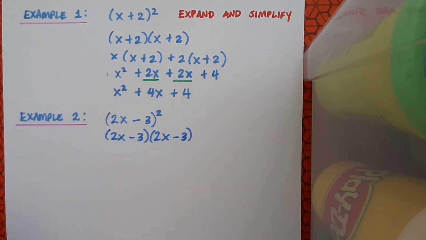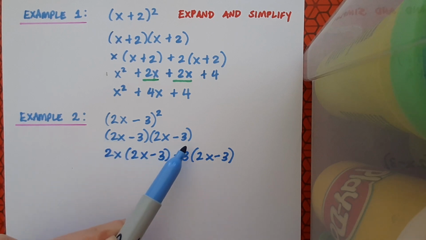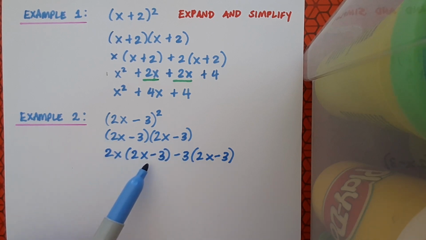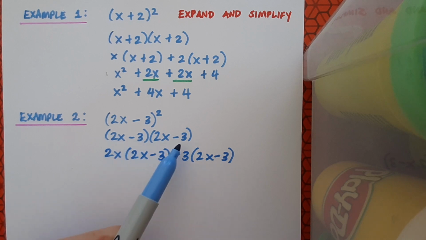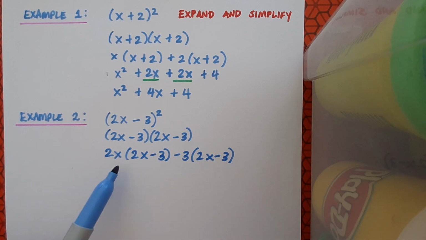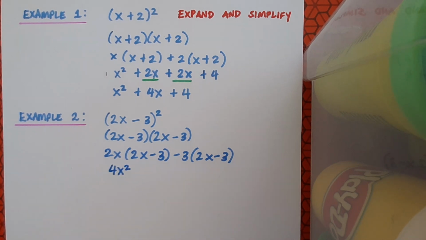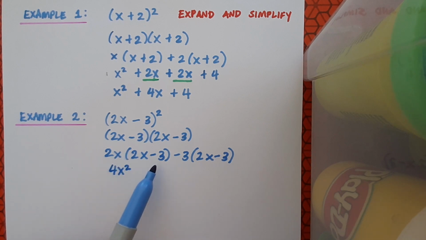So now we're going to split it up. So we'll have 2x by 2x minus 3, minus 3 by 2x minus 3. And now I need to multiply. So 2x by 2x is going to give me 4x squared. And 2x by minus 3, positive by a negative makes a negative.